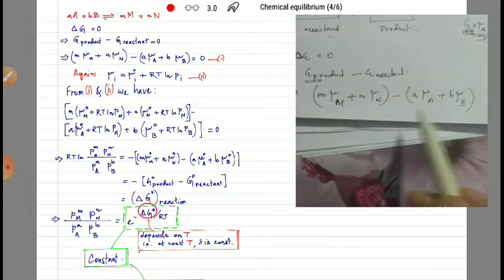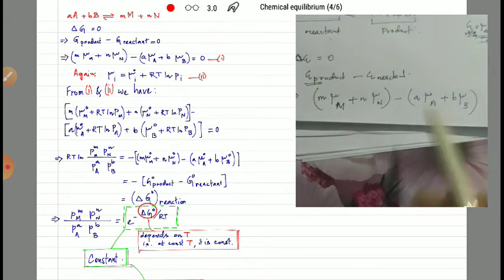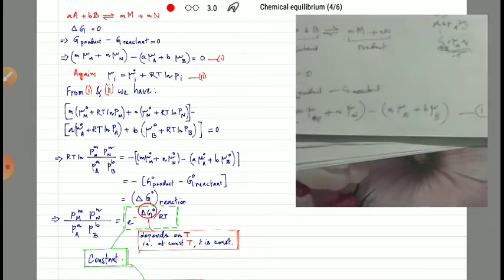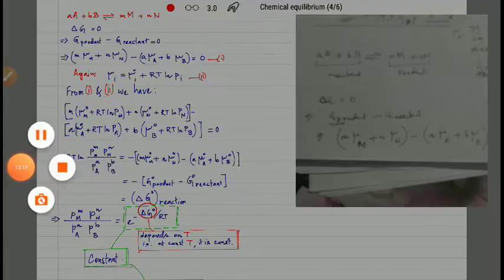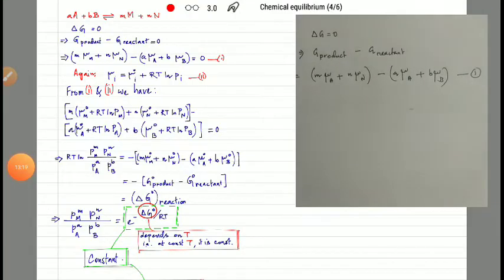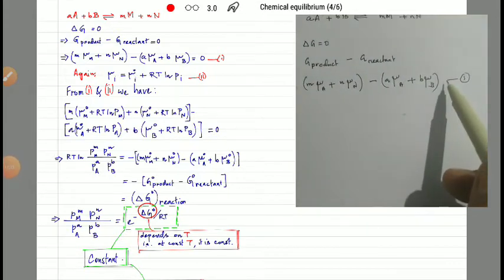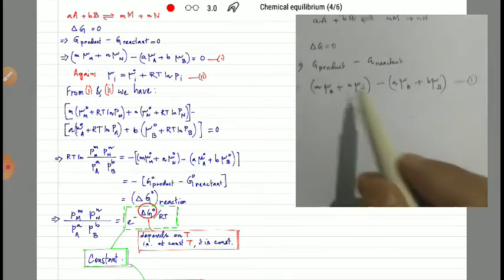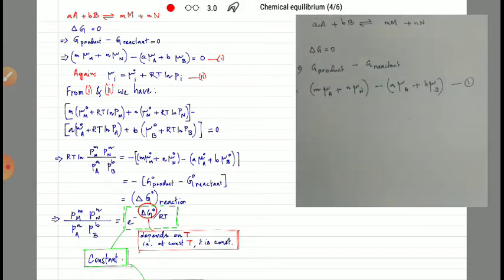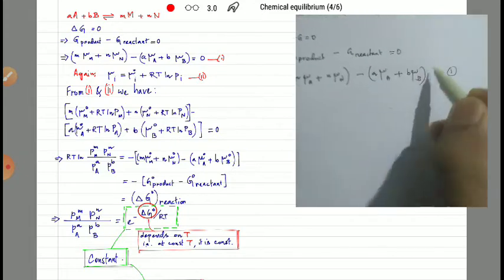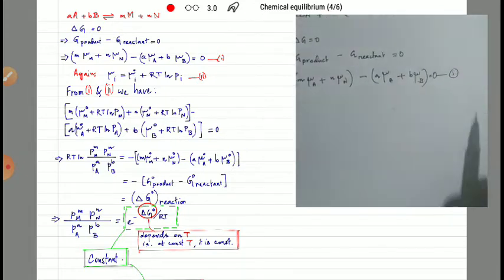So we can simplify this one. Actually just make this one 1. Okay, and this relation here should be 0, and it should also be 0.